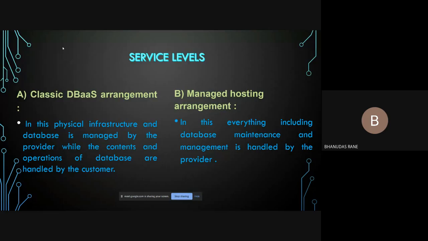And second, the managed hosting arrangement. In this, everything including database maintenance and management is handled by the provider. Means the provider has the access to manage all of your database and operations.